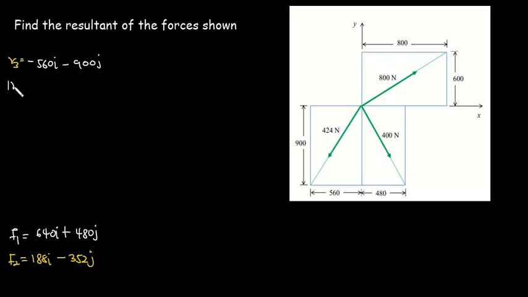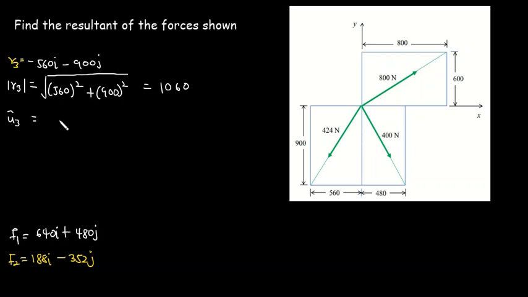So let's find the magnitude of that position vector. That will be the square root of 560 squared plus 900 squared. So let's see what you're going to get. We have the square root of 560 squared plus 900 squared. That gives us a value of 1060.